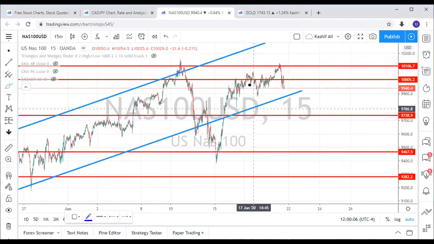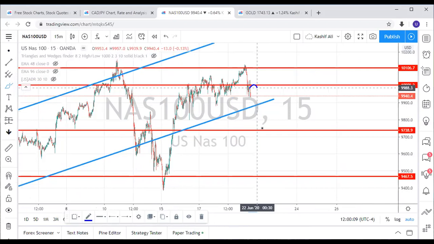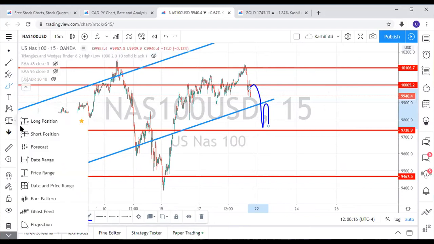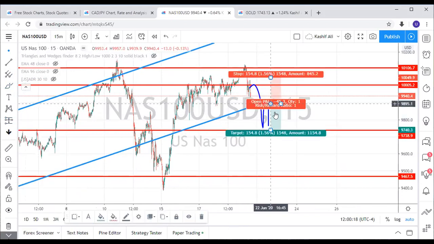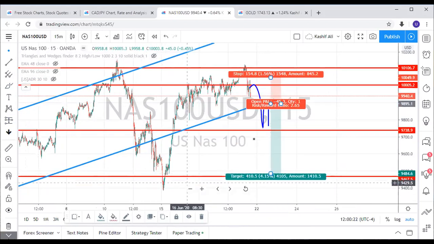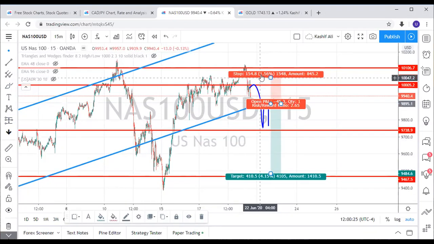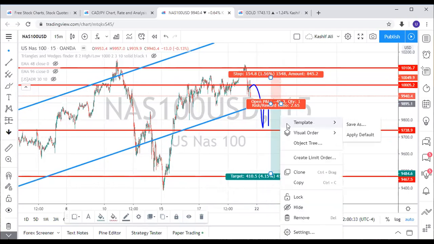If this channel breaks out, retests and fails, then we will enter here. I'm just telling you, if you want to enter short, enter here and let it reach this level. Stop loss will be here. It is quite a good trade, again 1:2.